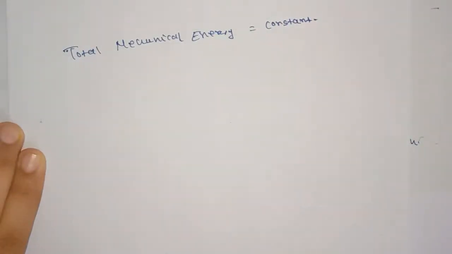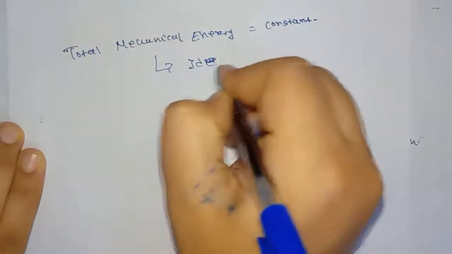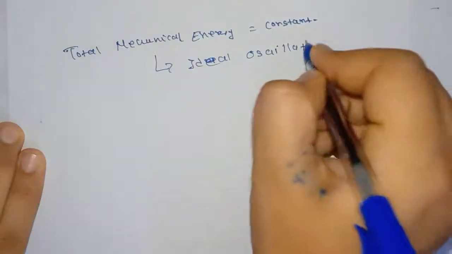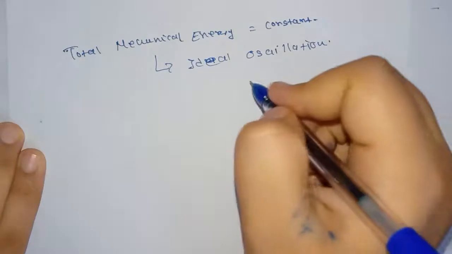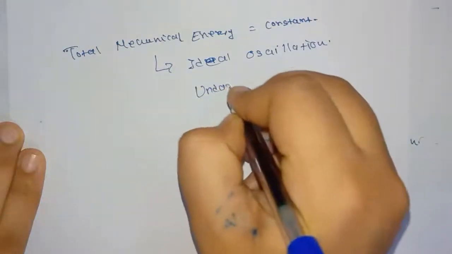These are the cases of ideal oscillations. This kind of ideal oscillations are called undamped oscillations.